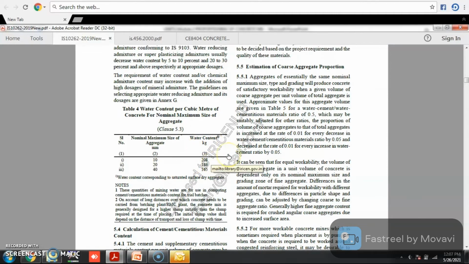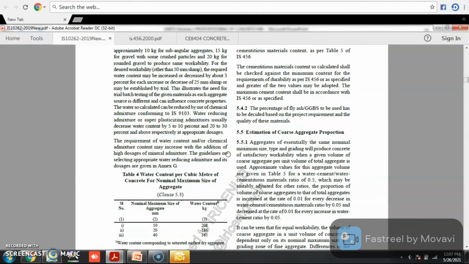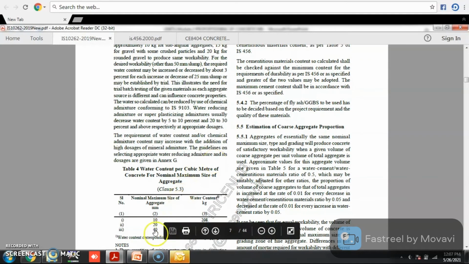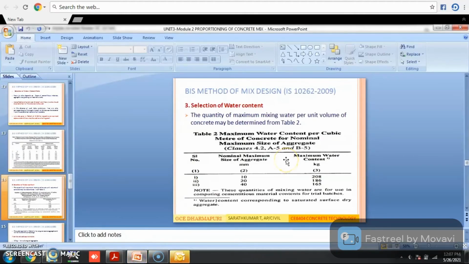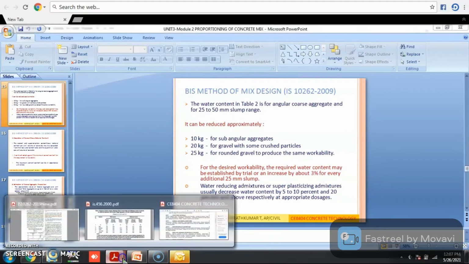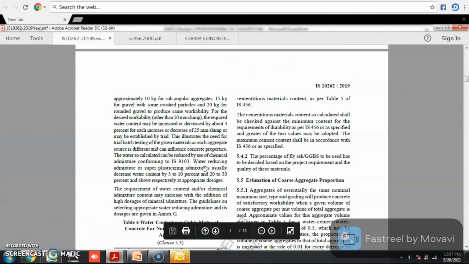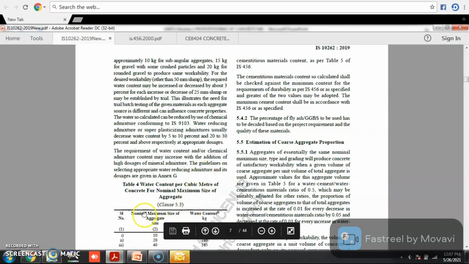Once you find the water cement ratio, you can easily calculate the cement content. So this is the third step. This water content is for 25 mm slump. If you are doing the design for 25 mm slump, you can directly take this value.